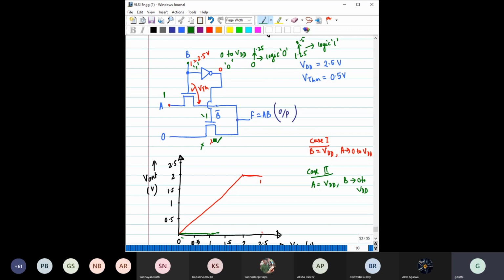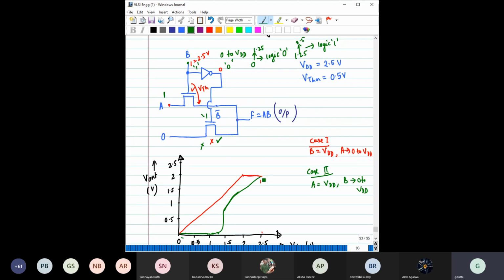This other one is not off, but it is already given as 1, and there is a path from here. So it will show some type of trend here, something like this.